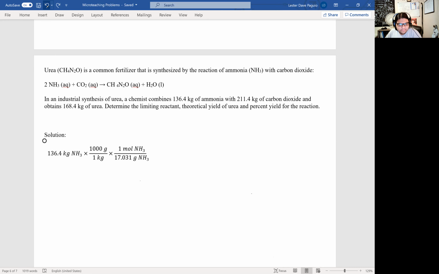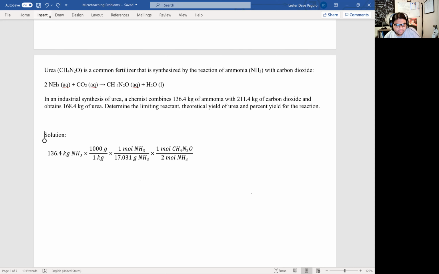And now, in this case, we have the moles of ammonia, but we need to convert from moles of ammonia to moles of urea by looking at the balanced chemical equation.